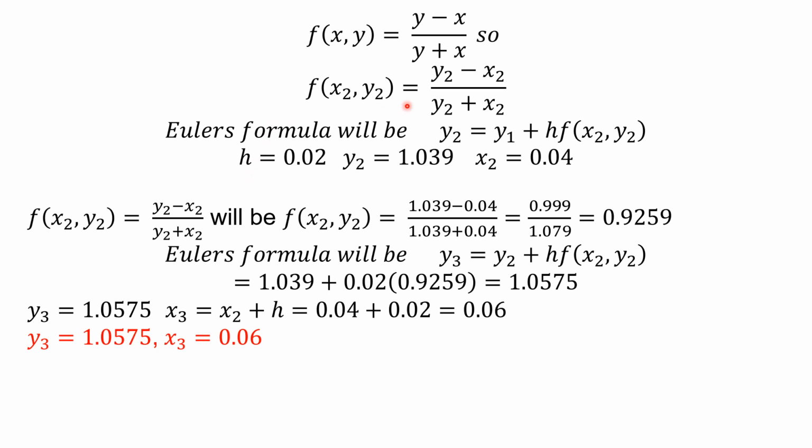Now this is x2, y2, right? Sorry, check it here. The formula will be, because y3 will be there, not y, this will be y2, right? So this is okay. Now this is y3, this is y2.